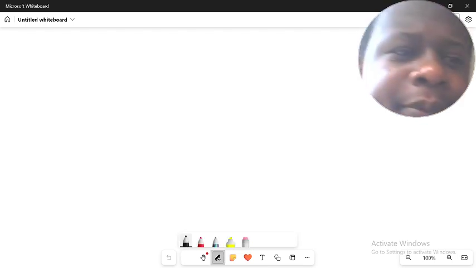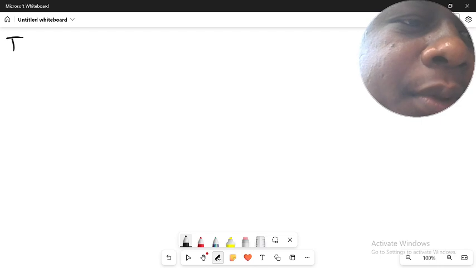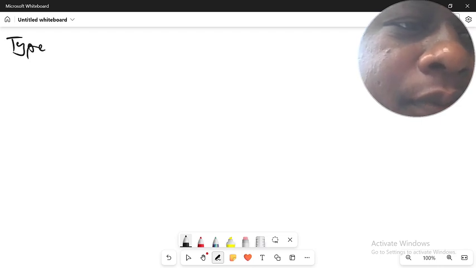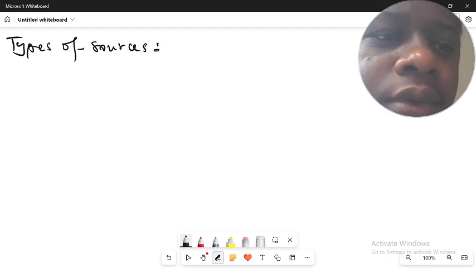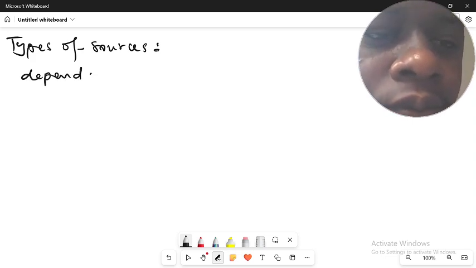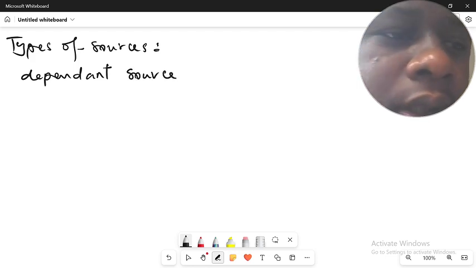Today we will discuss the types of source. Actually, we have two types. It's going to be dependent source as well as independent source.